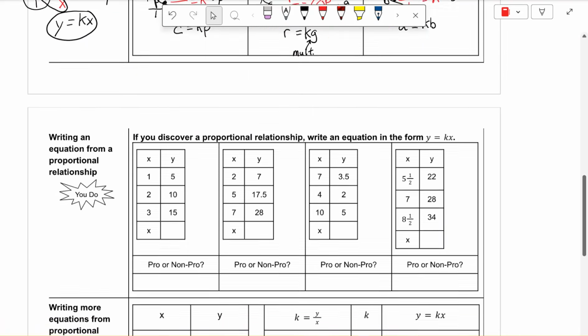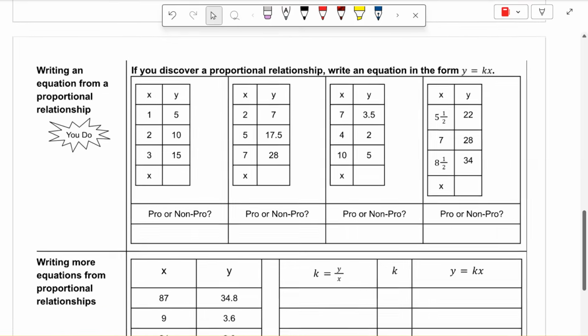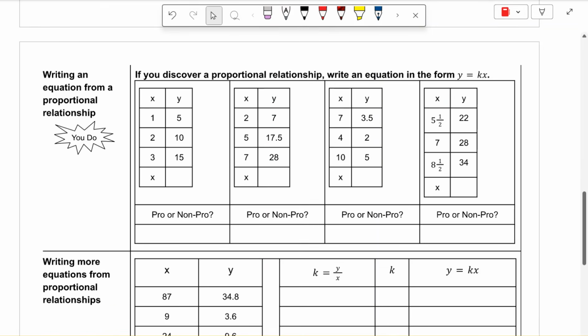All right, flipping your paper over, we've gotten to the you do section to make sure you know how to do this. All right, here we are. It says writing an equation from a proportional relationship, and this is a you do task.